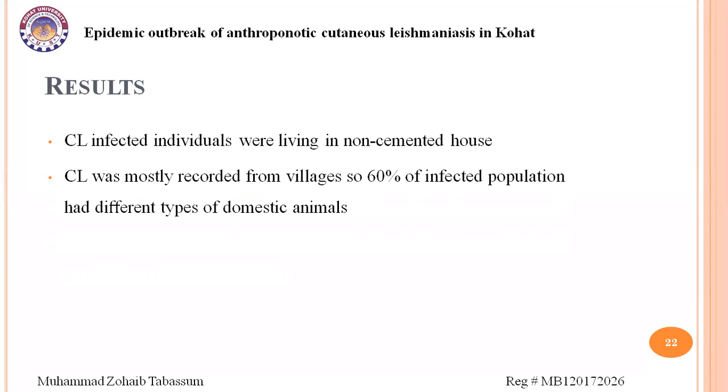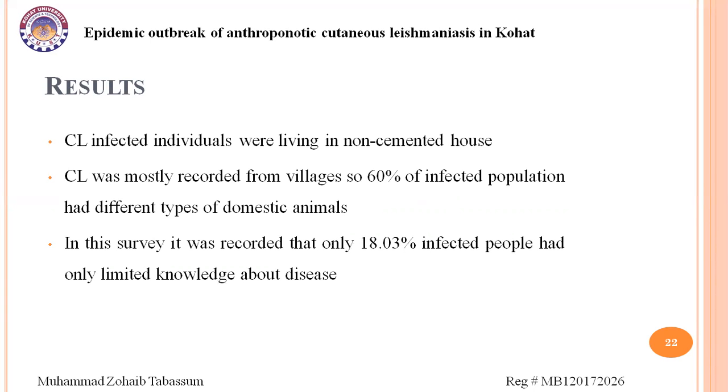Cutaneous leishmaniasis was mostly recorded from villages. 60% of the infected population had different types of domestic animals like dogs, sheep, goats, donkeys, or chickens in their houses or near their houses. In this survey, it was recorded that only 18.03% of infected people had limited knowledge about the disease.